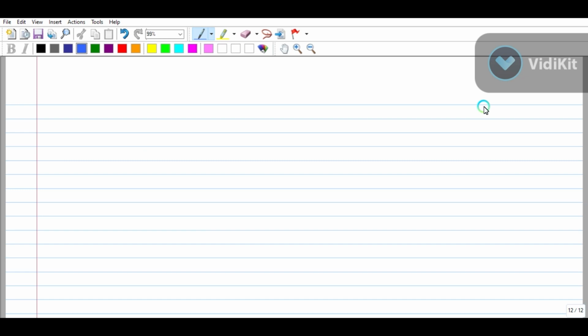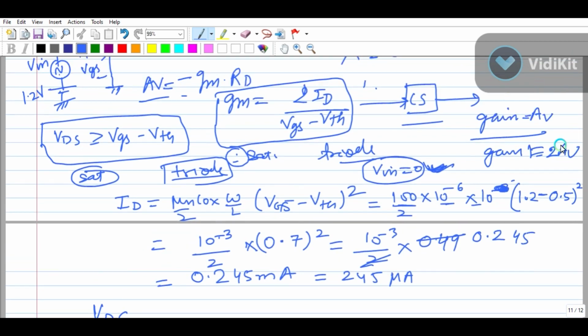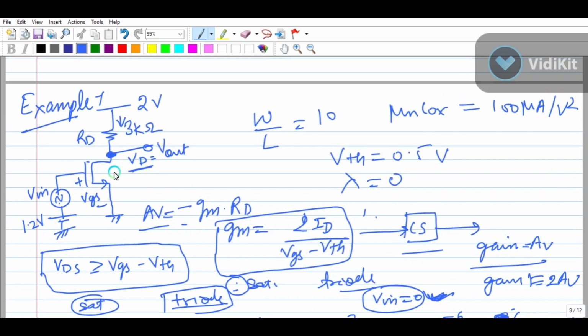Okay, now can we calculate the VDS? For calculating VDS, see, I'm going again to the top page. See, this is VDS, right? Okay, if you apply KVL on this side, you will see 2 minus RD into ID minus VDS equal to 0.